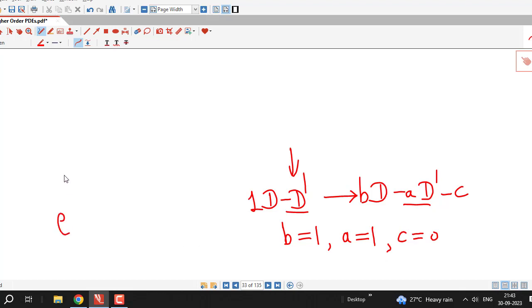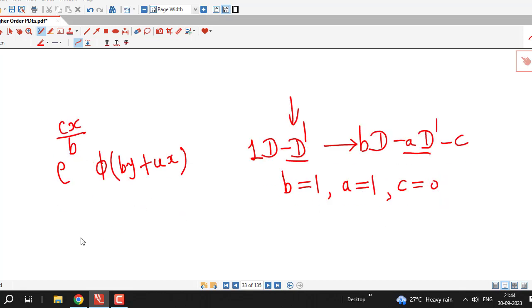And what is our formula corresponding to this type of factor? e raised to cx by b, an arbitrary function of by plus ax. Now we can substitute the values of a, b, c here. c is 0, so we have 0x.